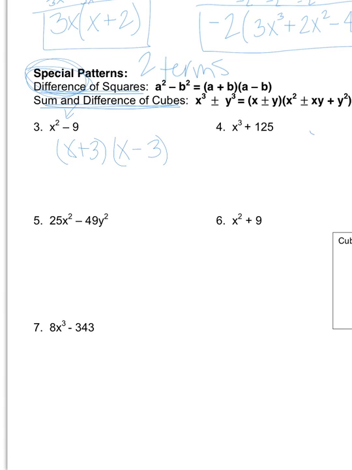To check that, we would be doing what we did yesterday. Multiplying those binomials together, you should end up getting x squared minus 9. Because remember, when you add to get that middle term, 3 and a -3 would give you 0. So if you multiply those two together, it should give you x squared minus 9. Okay, looking at example 4.